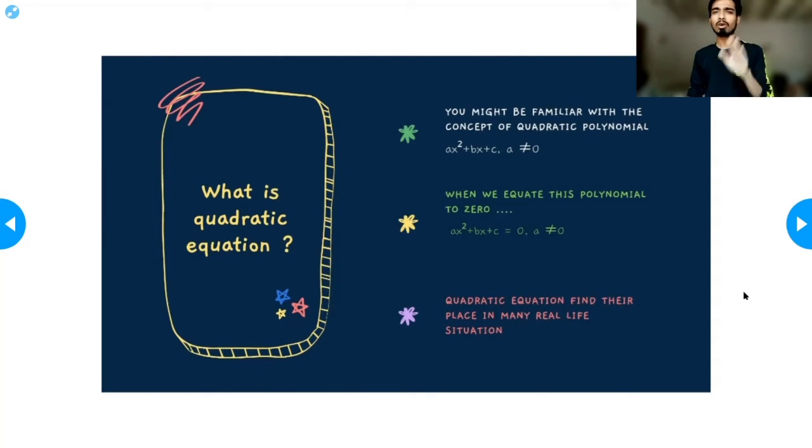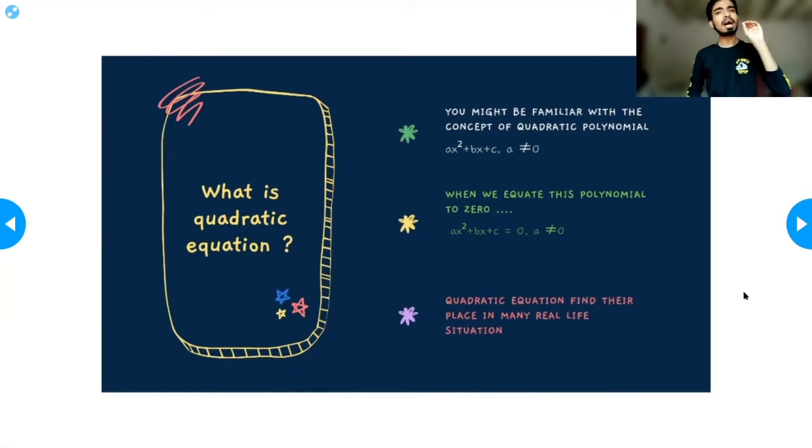Same we are doing to form equations. We take a polynomial, we add an equal to sign and write something on the other side. Consider the polynomial on the left hand side and something on the right hand side. In most cases, in our case, we make it 0. So polynomial is equal to 0. Now this forms an equation.